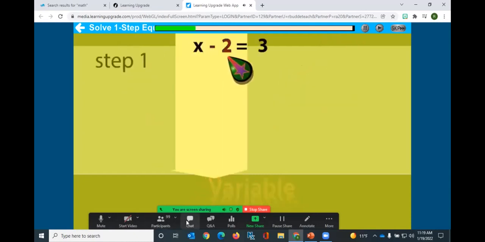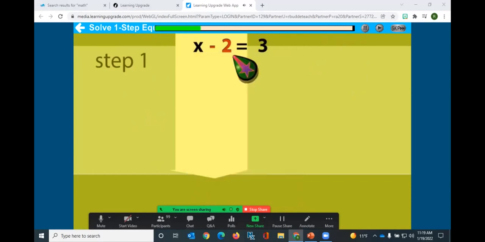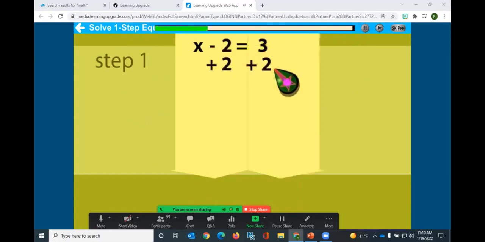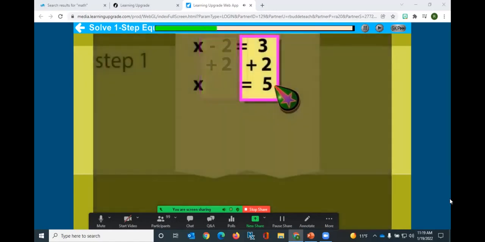We need an operation to perform that will eliminate the minus 2 from the left side, leaving the x alone. If we add 2 to both sides, the minus 2 and plus 2 will cancel out on the left, leaving just x. On the right side, 3 plus 2 equals 5.